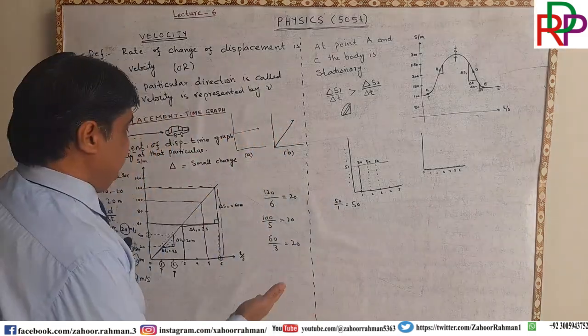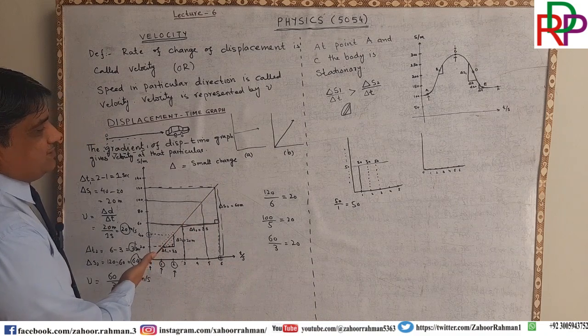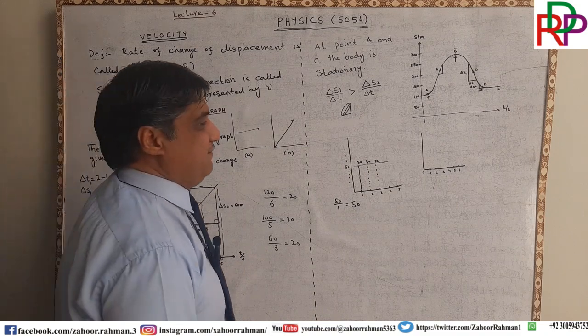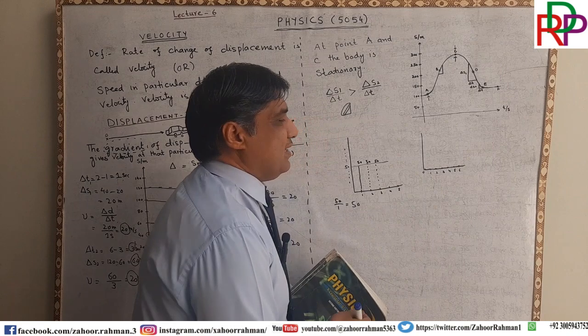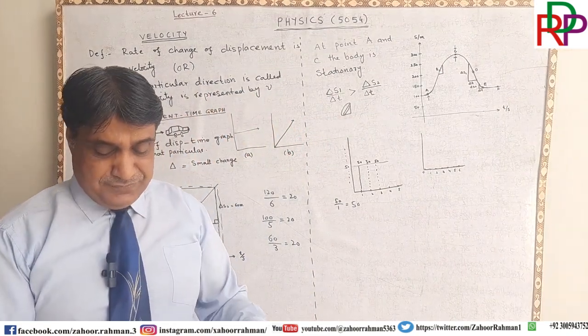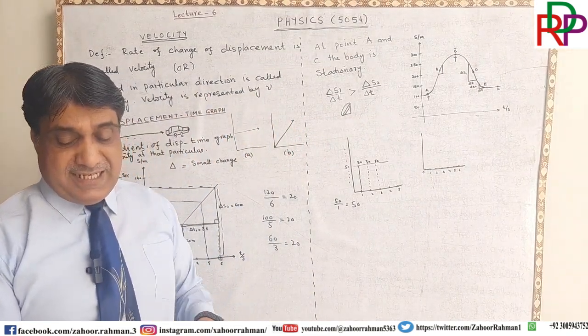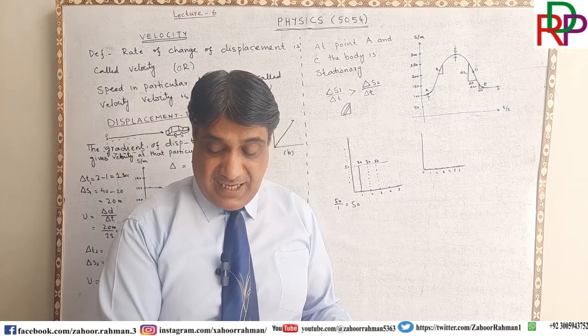You saw that we can see whether it is moving uniformly or with constant speed. So here instantaneous speed and velocity are also defined.